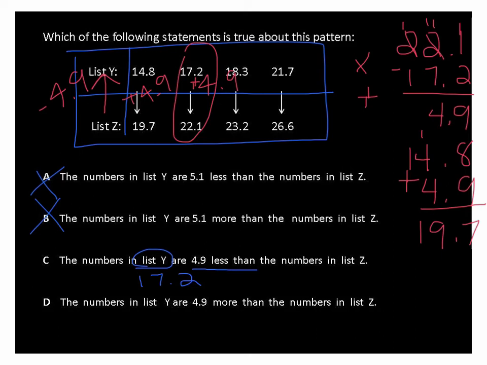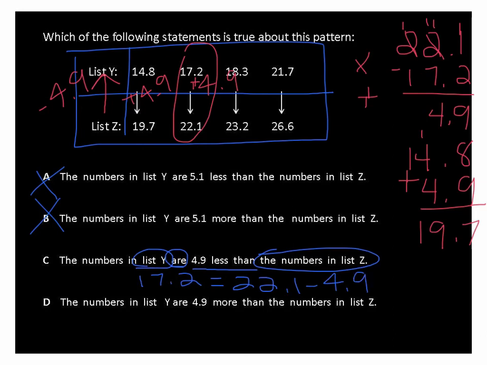So you have to really think about this. Are is actually the word here that signals the equal sign. So 17 and 2/10, is that equal to the numbers in list Z minus 4 and 9/10? So we're going to use 22 and 1/10, and we're going to subtract 4 and 9/10.